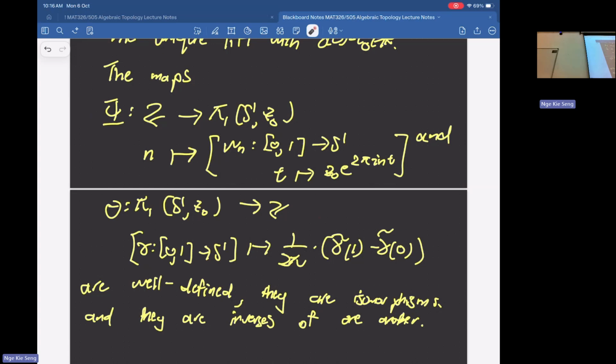So the first map is from Z to pi 1. What's the map here? What is the n here? We have been talking about this already. This n is like running how many laps. So how to define how many laps? It is t maps to e to the 2 pi i n t. So this 2 pi i n t will tell you how many laps. Why laps?